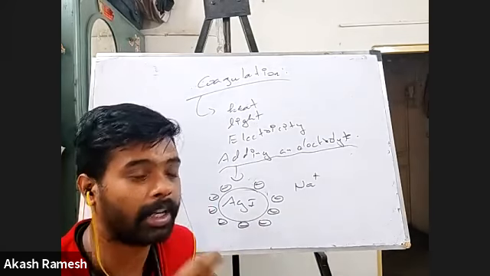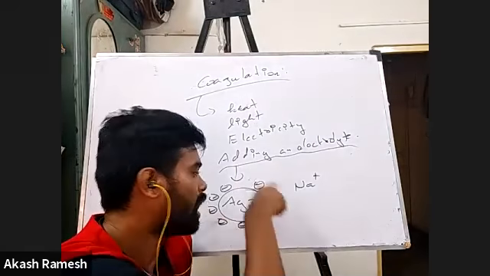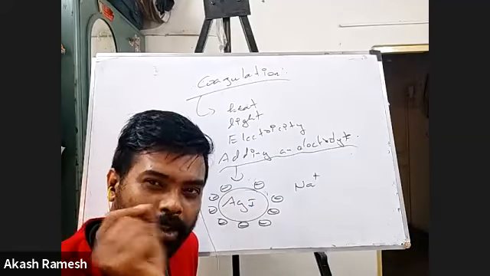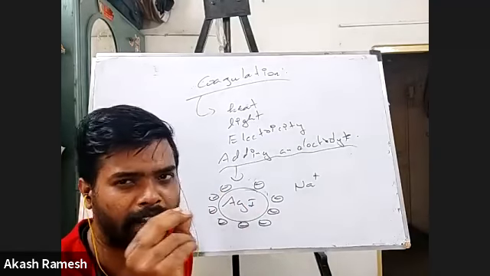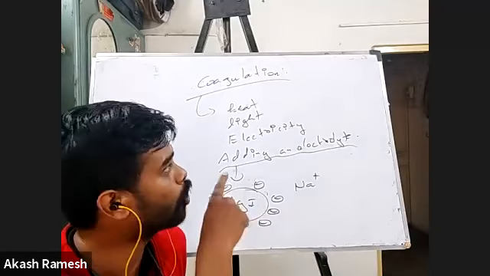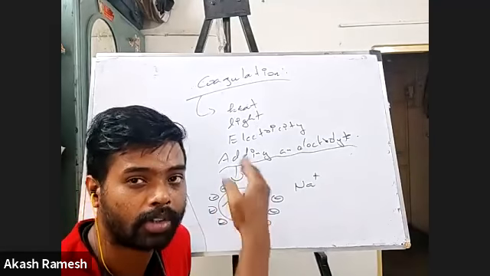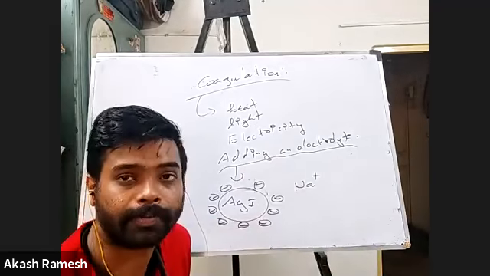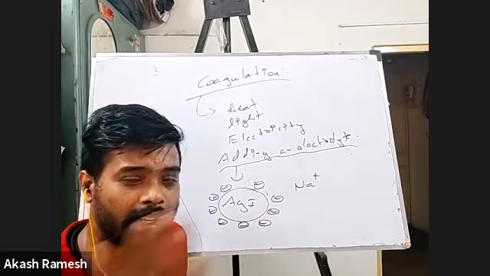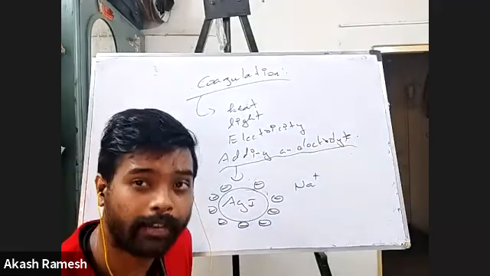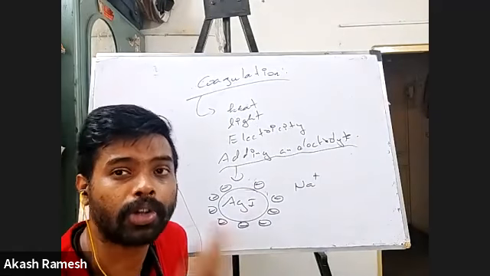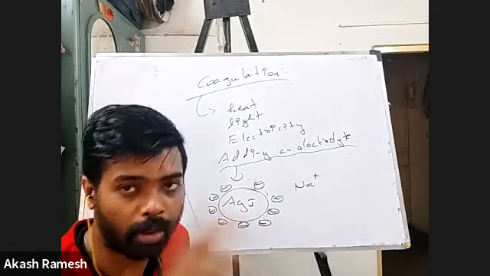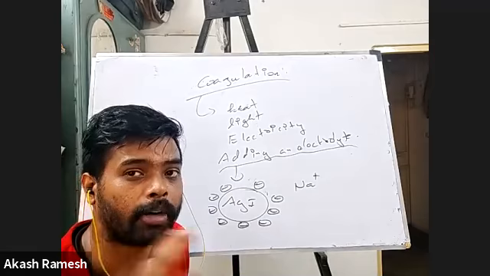For the development of charge, I require only traces, a very small amount of electrolyte. But for coagulation, when you want to convert the colloid into a precipitate, you need an excess of electrolyte. In both cases you are adding electrolyte, but what matters is the amount.